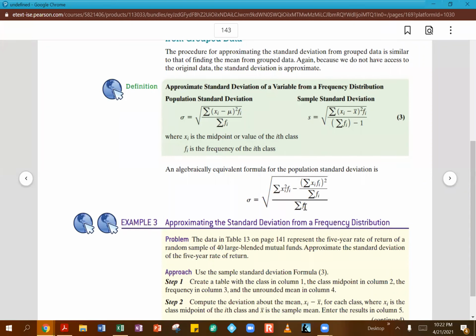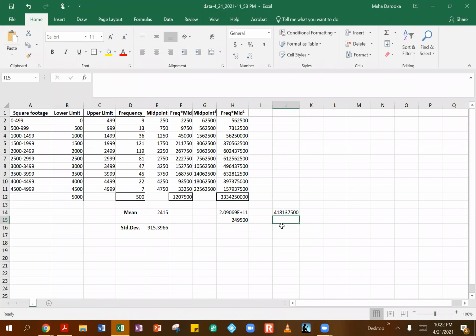And then we're just dividing it by the total of our frequency column, and then we have to do the square root. So for this guy, if we find the standard deviation, this will be equal to square root. And then we are taking this divided by just the total of our frequency column, close parentheses.